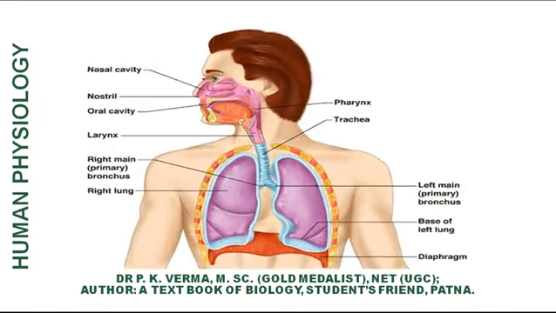See, it is a diagram showing the respiratory system. These are the nasal chambers through which air comes into the pharynx, and from here it enters into the larynx, trachea, and then into the bronchi.